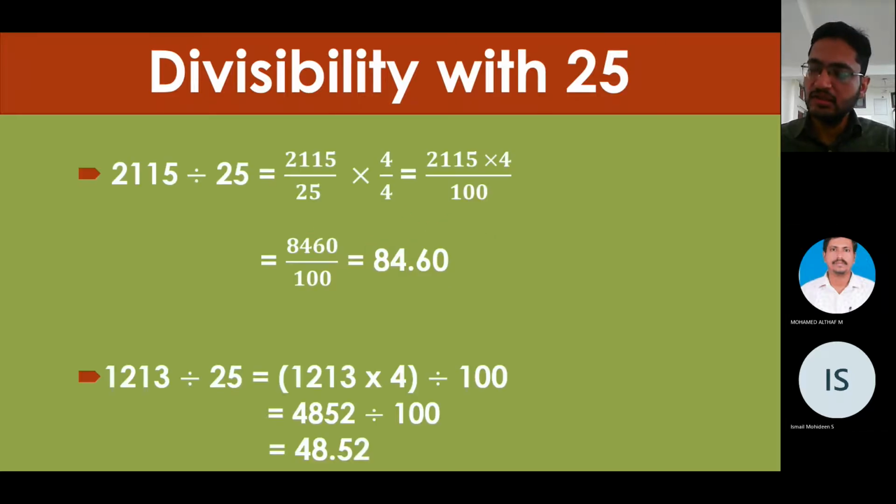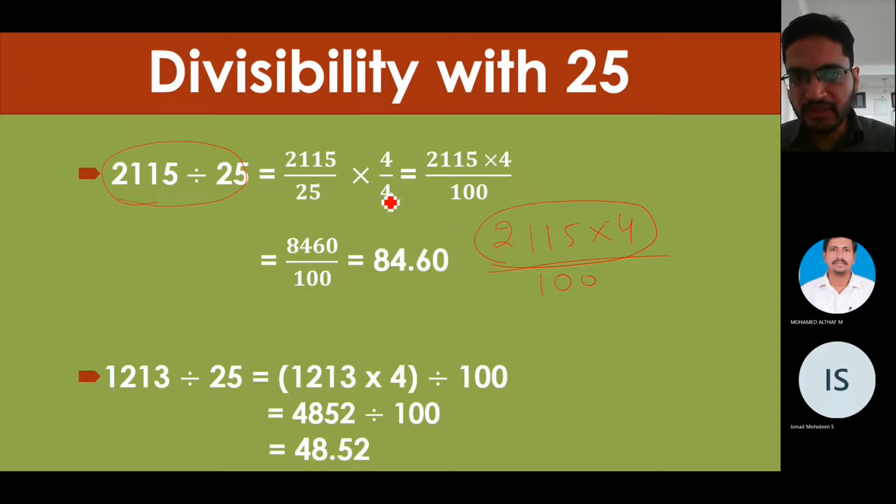So whenever we are to divide any number by 25, like the last method, where for dividing by 5 we multiply that number by 2, if we want to divide any number by 25, first of all we will multiply that number by 4 and divide the answer by 100.